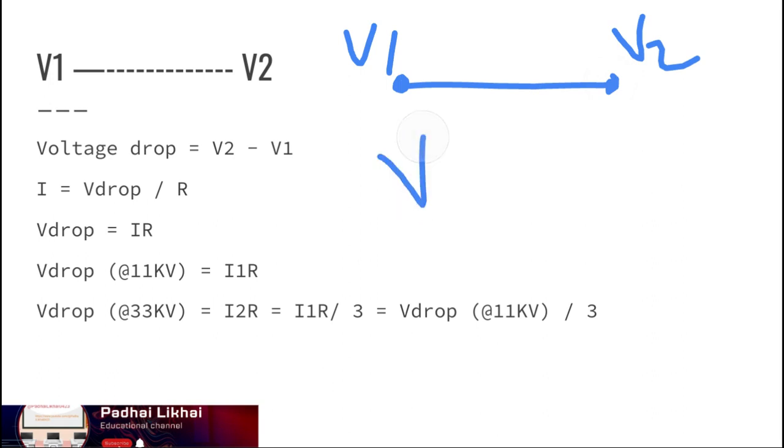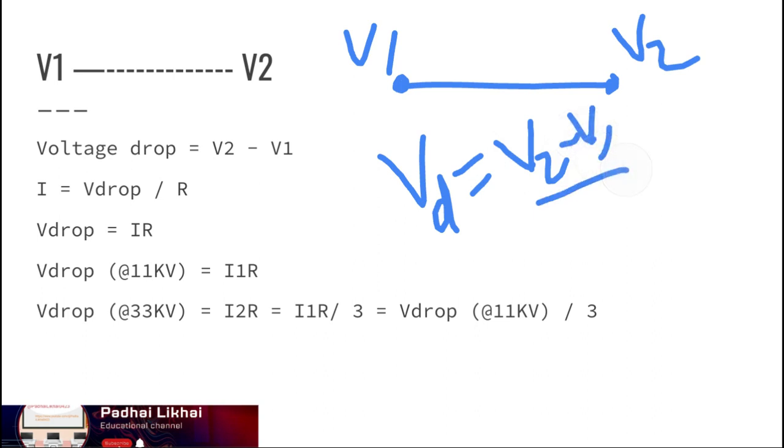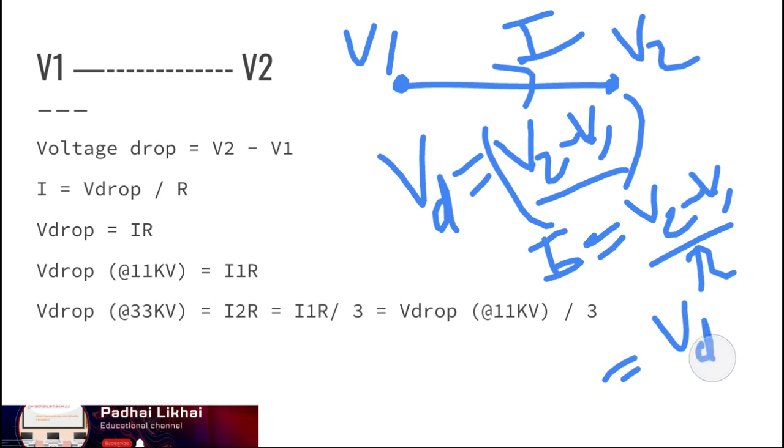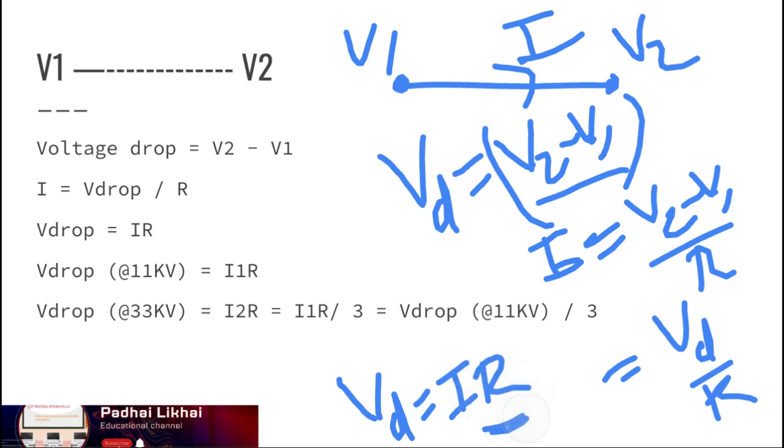If we talk about the voltage drop, which is V2 minus V1, and let the resistance be R, then applying Ohm's law, I is equal to V2 minus V1 by R, which is V drop by R. So V drop is equal to I into R. This is clear: voltage drop in the line is I into R.